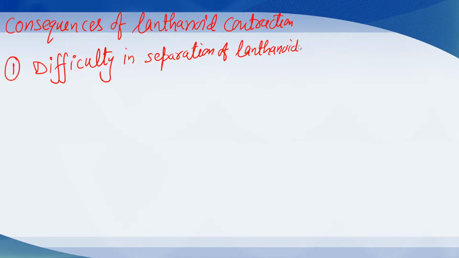Because the change in radius in lanthanoids is very small. I said there is a steady decrease, regular decrease, but very, very less. So due to this steady decrease, the size difference among lanthanoids is very, very small.